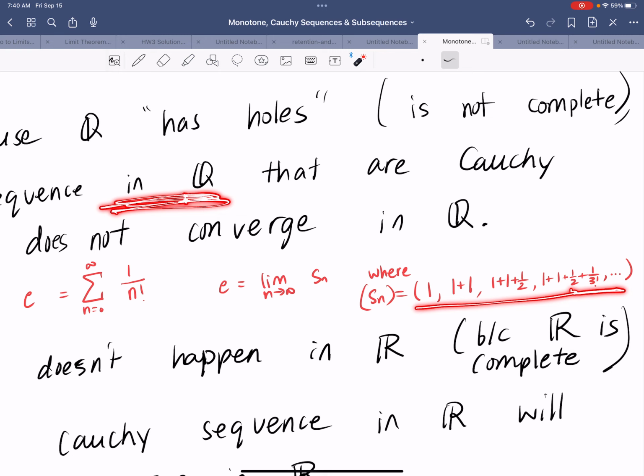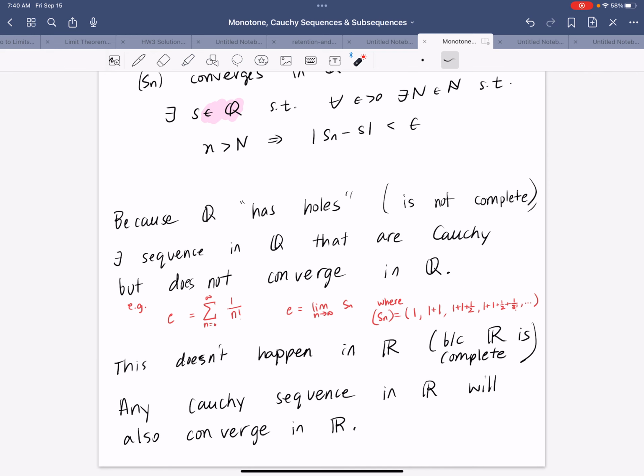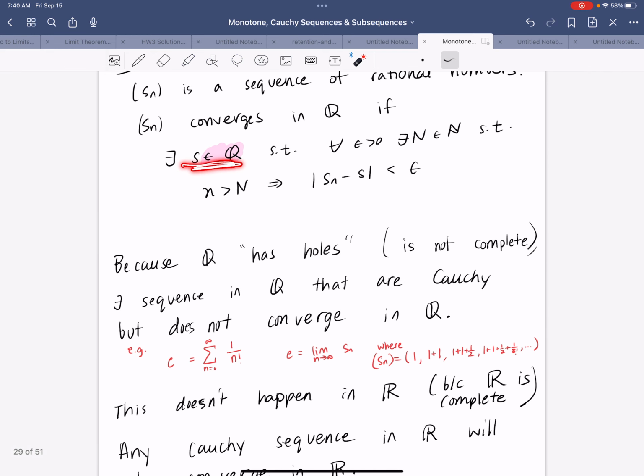They're just bunching up around a hole, where we know that's e, but if you're in Q and you don't understand what an irrational number is, the terms are just bunching up, right? They're getting arbitrarily close to each other, but not getting arbitrarily close to a limit in your space.